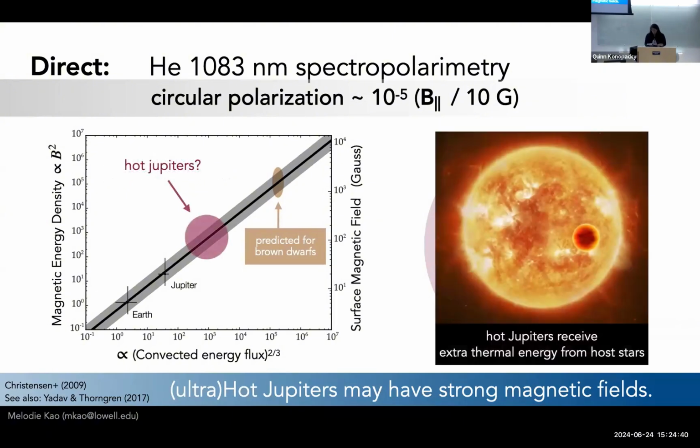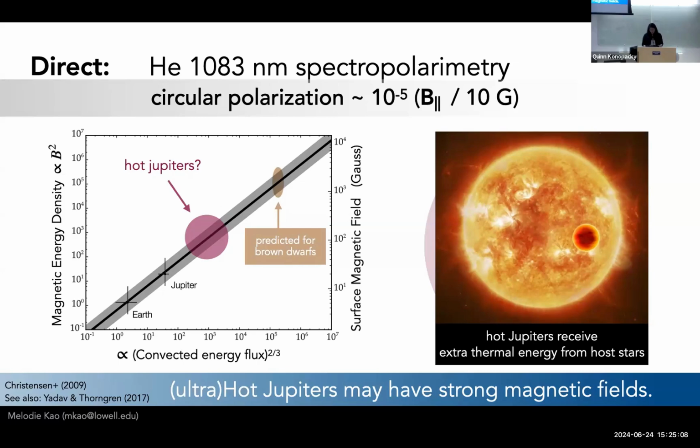So for hot Jupiters, where they're hotter because they have extra thermal energy from host stars, a very natural extension of this theory that Rakesh Yadav and Daniel Thorngren published in 2017 is essentially that if that extra energy from their host stars is deposited deep in their interiors, then you could perhaps produce an order of magnitude stronger magnetic fields.